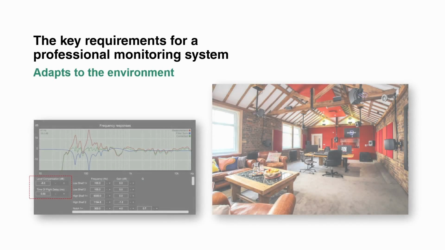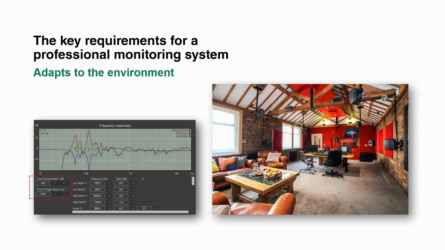One element that we look for in a professional environment is the ability to adapt to the space, and one consideration could be placement. In this room, for example, there was the need to position the center speaker in front of the left and right. This was to ensure that there still remained sight lines to the voiceover booth.